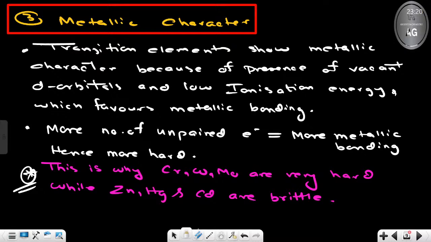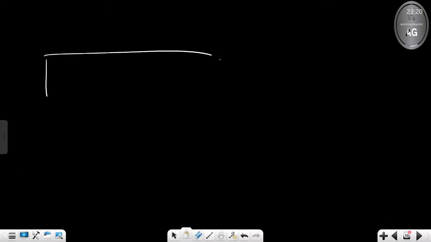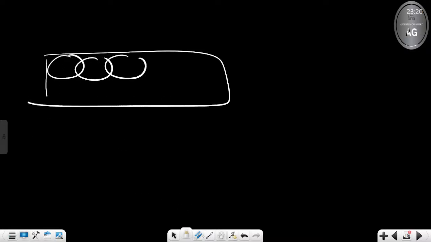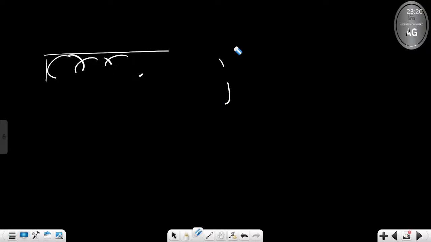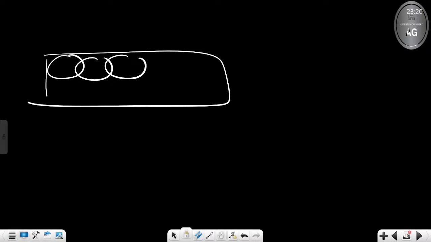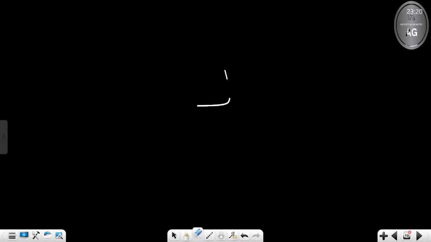Metallic bonding is basically, we can explain in one line, or let me explain very simply. There is a box like this, inside which the metal, not like this, sorry. The diagram will also not erase.